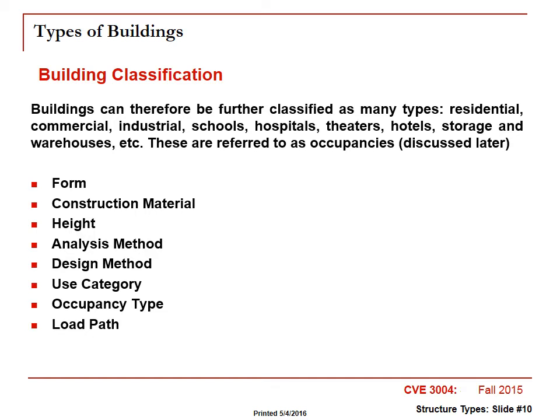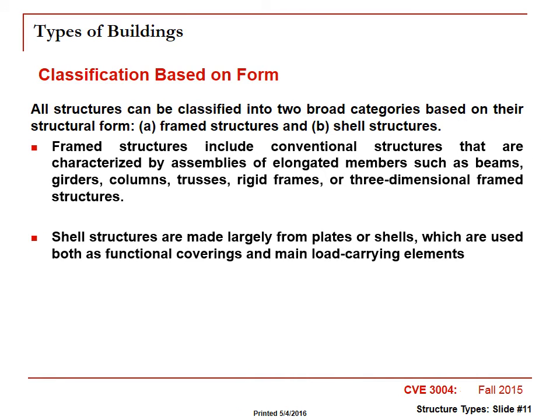If you look at just form, when we think about buildings, most commonly we're thinking about frame structures. We have a floor system that is supported by floor beams, which might frame into girders, which then frame into columns, and so on.